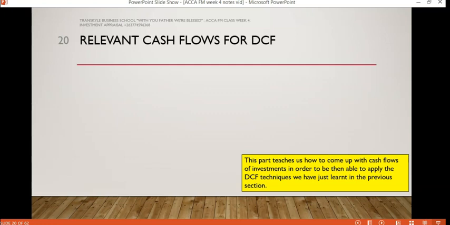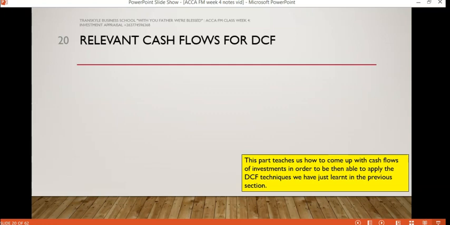Interest costs are covered by the discount rate, so they are also irrelevant. But an opportunity cost, the cost that is incurred for foregoing a certain course of action, is relevant.